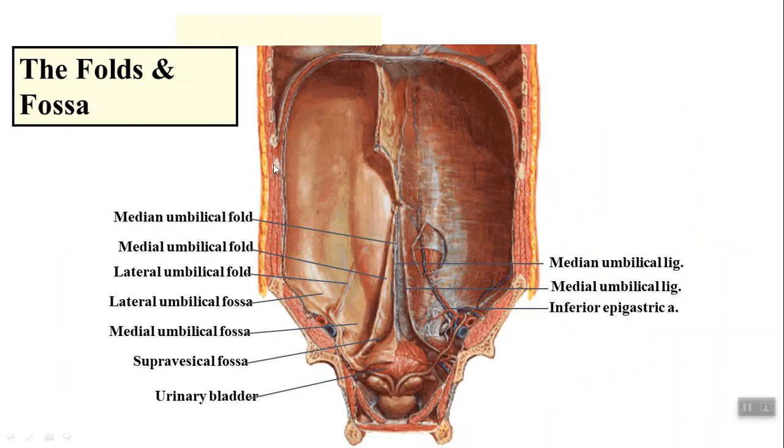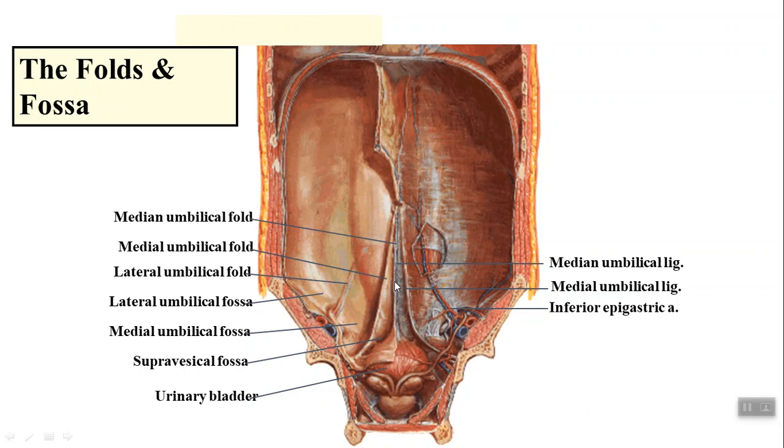Here again, this is the median umbilical fold, the medial umbilical fold and the lateral umbilical fold. The lateral umbilical fold is formed by the epigastric vessels originating from the external iliac vessel, and the medial umbilical fold is formed by the remnant of the umbilical arteries.